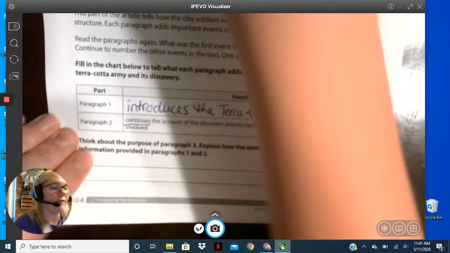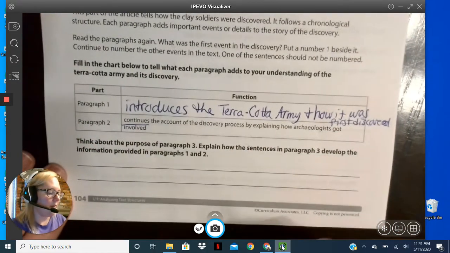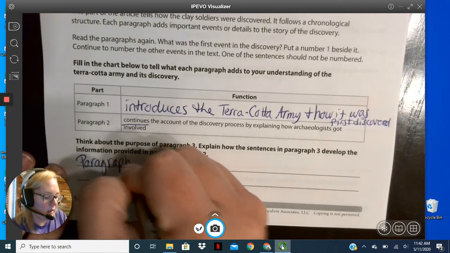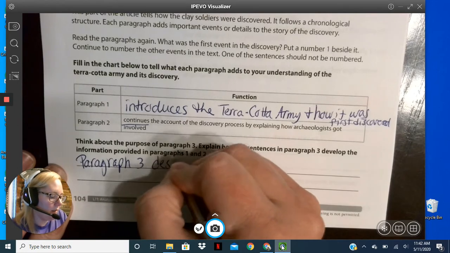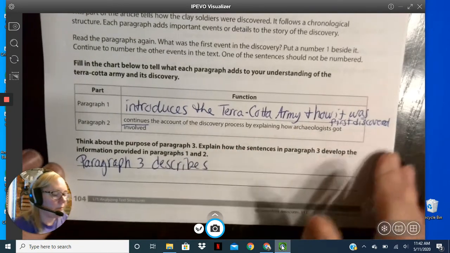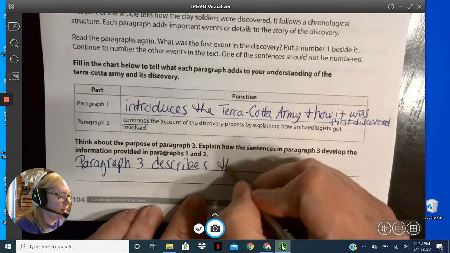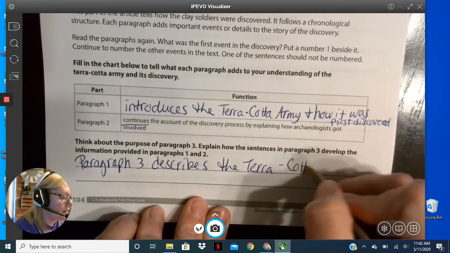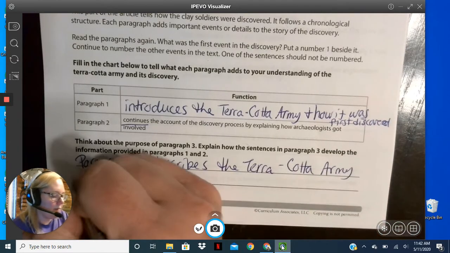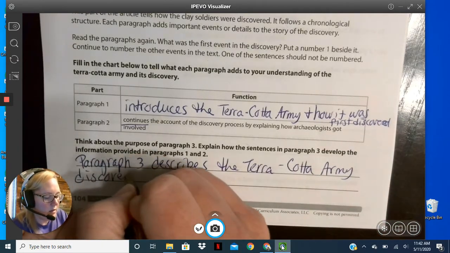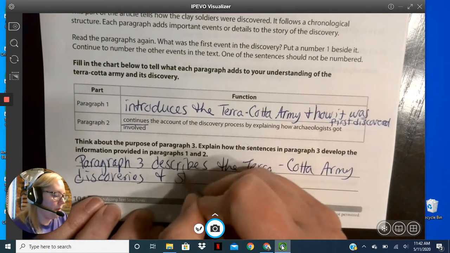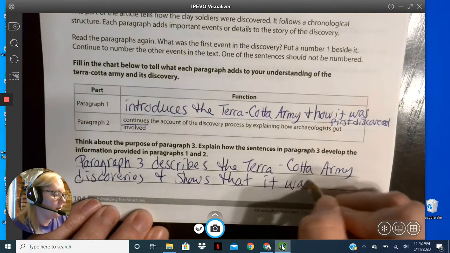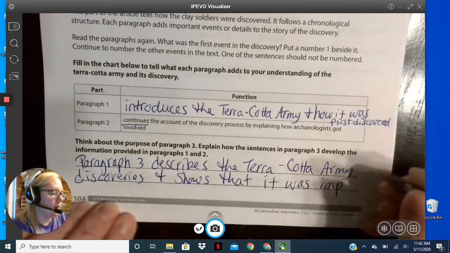So for paragraph 3, since I'm seeing a lot of adjectives, I could say that paragraph 3 describes the Terracotta Army, discoveries, and shows that it was important enough to do more excavations.